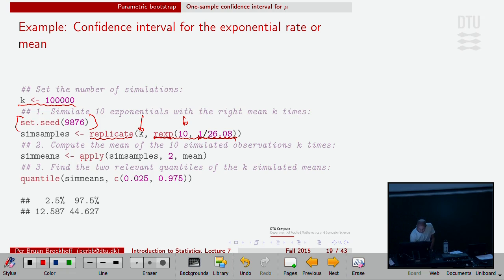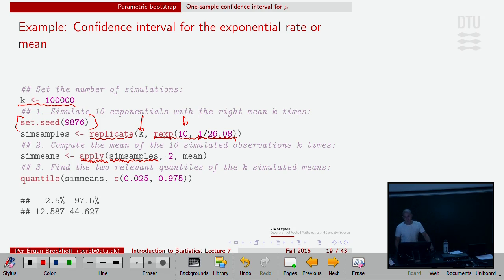Then I use this apply function, which is just a sort of bookkeeping thing in R that takes all of these 100,000 by 10 or 10 by 100,000. I always forget whether it's one or the other way.